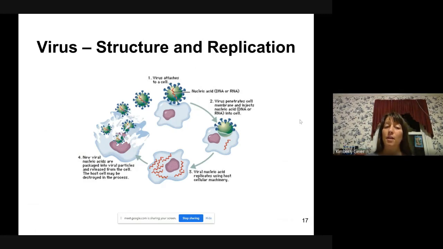And then it assembles itself. A virus is only a protein shell with a DNA or RNA inside. That's all that a virus is. So it convinces the cell to make copies of this, it assembles itself, and then it bursts out of the cell, and then each of those virus particles can go and infect another cell.